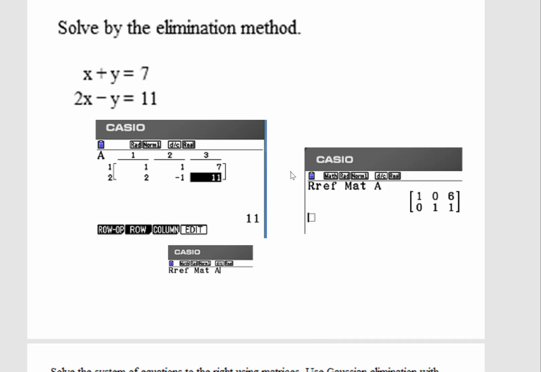And actually, before we go to the calculator, let's go ahead and write this out as a matrix. So 1, 1, 7, 2, -1, 11.